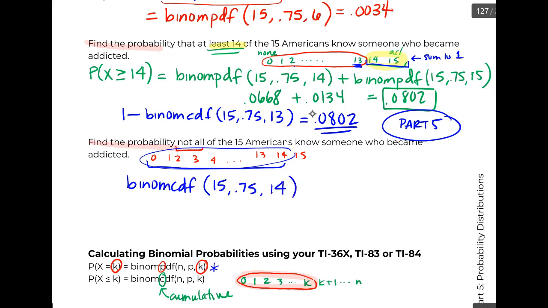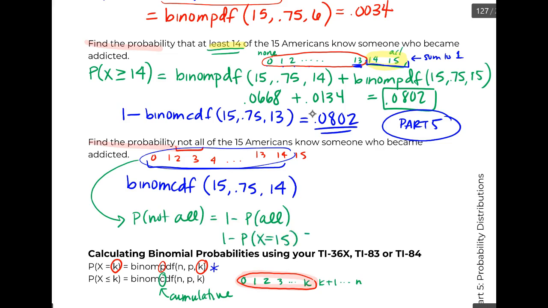Also, as we saw in part 4 with the sampling questions, the probability of not all is equal to 1 minus the probability of all, because they're complements. So this is 1 minus the probability that x is equal to 15. So I also could have done this as 1 minus binom PDF at 15.